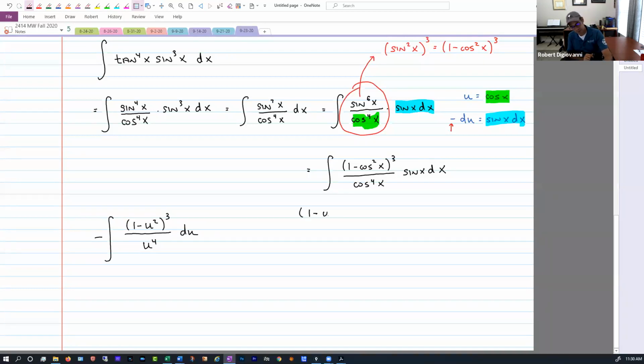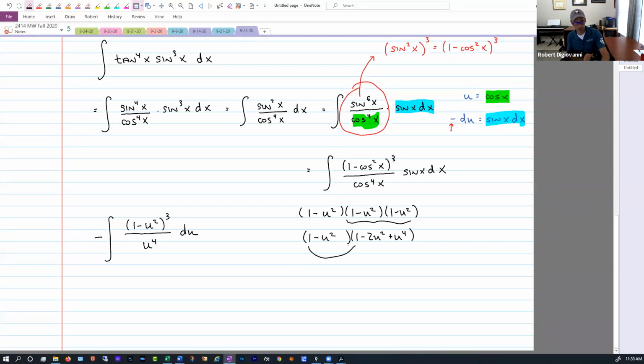1 minus u squared times 1 minus u squared times 1 minus u squared. Whenever I do this, there's a short way, which is Pascal's triangle, but I'm going to do these two first. That's 1 minus 2u squared plus u to the 4th. I like to do that one first, and then I expand this one out.